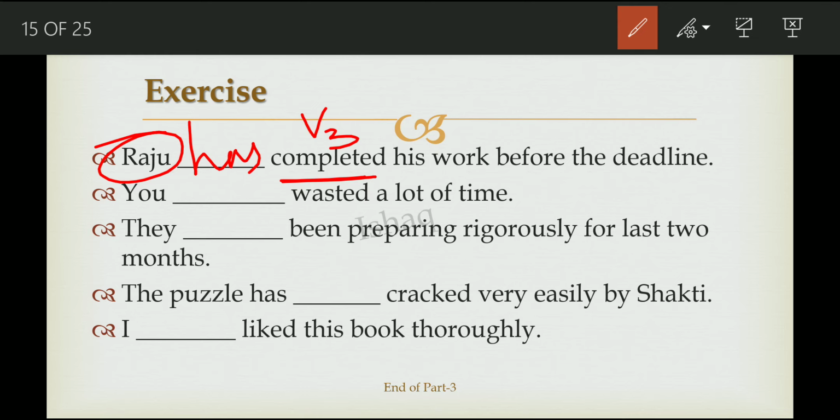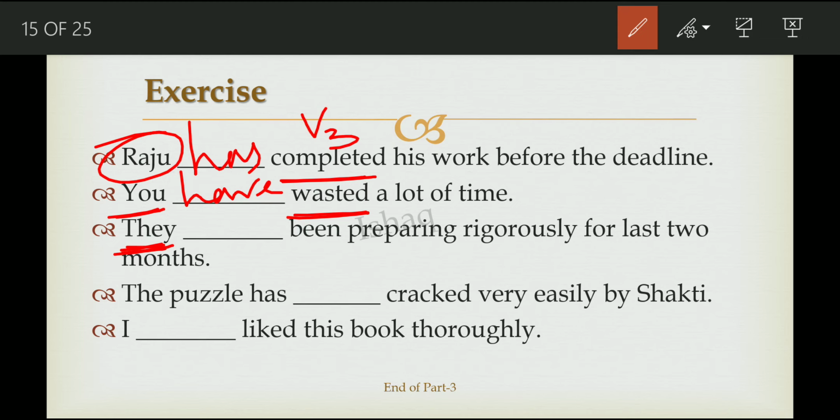Then the second answer: you dash wasted a lot of time. Again, wasted. What we use here is you, and we cannot say singular or plural, that is the second person, so we always use you have. So, you have wasted a lot of time. Next, they. This they is simply a plural pronoun.